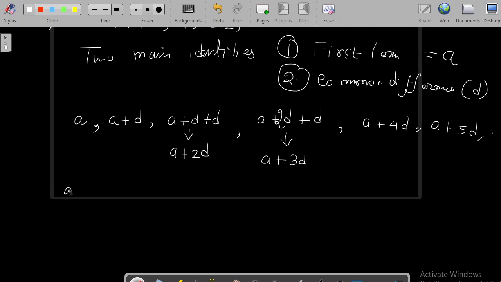So the series is A, A plus D, A plus 2D, A plus 3D, and so on. This is the arithmetic progression, in short AP.